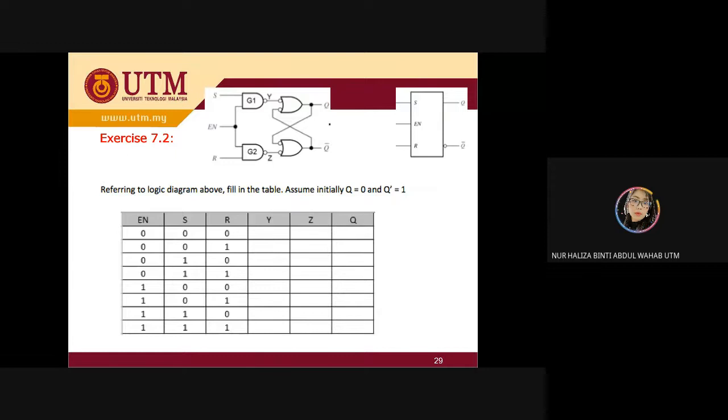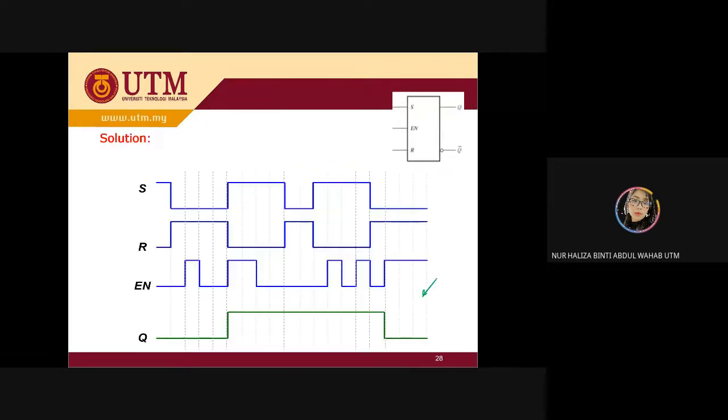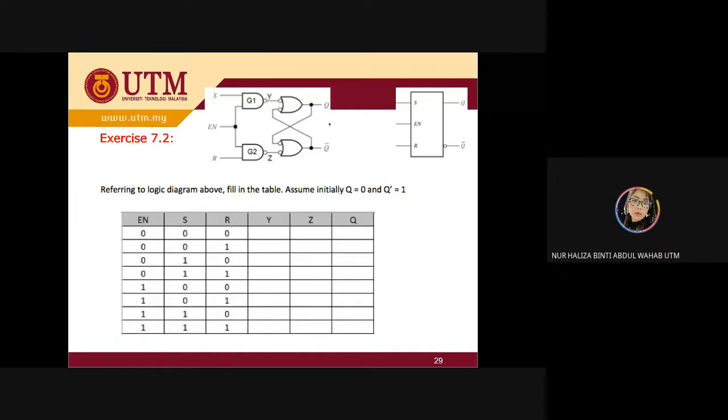Okay, this one we have an exercise. Basically similar things. Fill in the table. Initial value you were given with 0. So this one is not in terms of timing diagram.